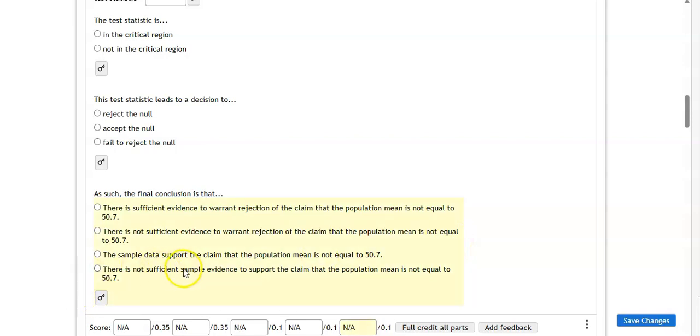So there is not sufficient evidence to support the claim that the population mean is not equal to 50.7. We did not reject the null, so we can't support the alternate, which would be this one right here.